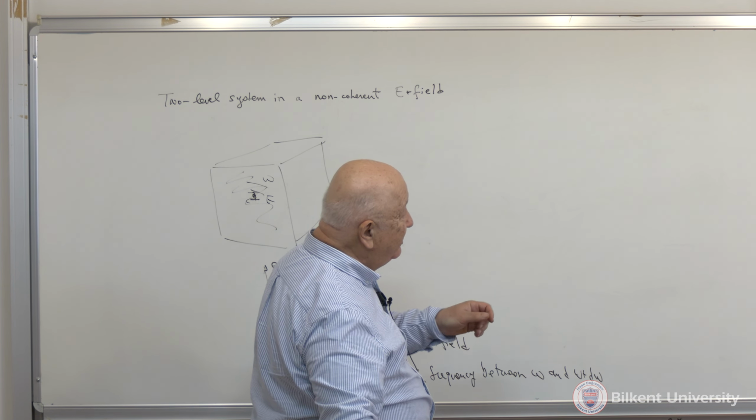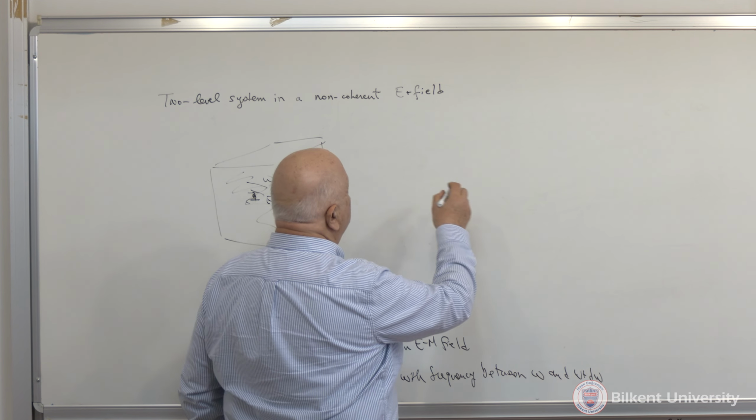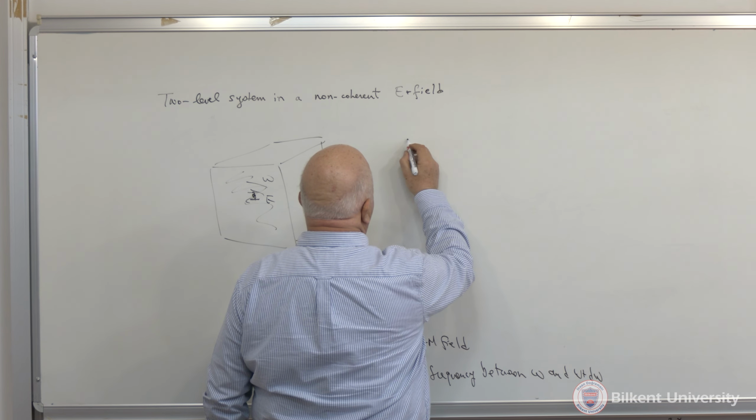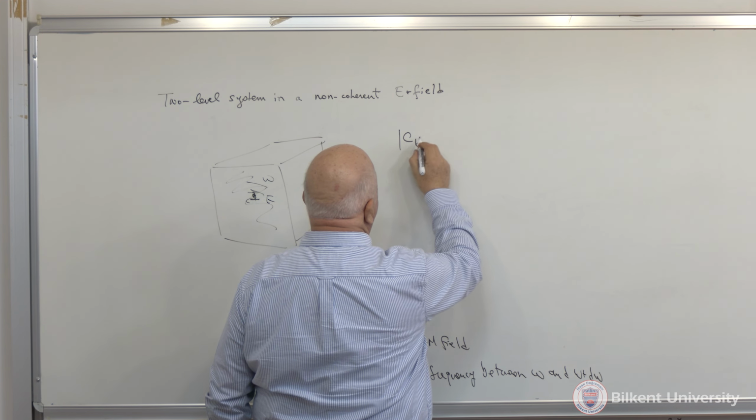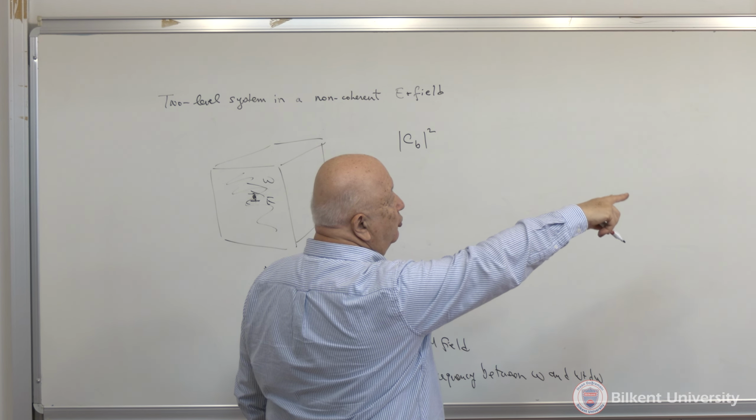All right, so how can I translate this discussion over there? Let's just look at it. I have this CB magnitude squared, which was given by those parameters.